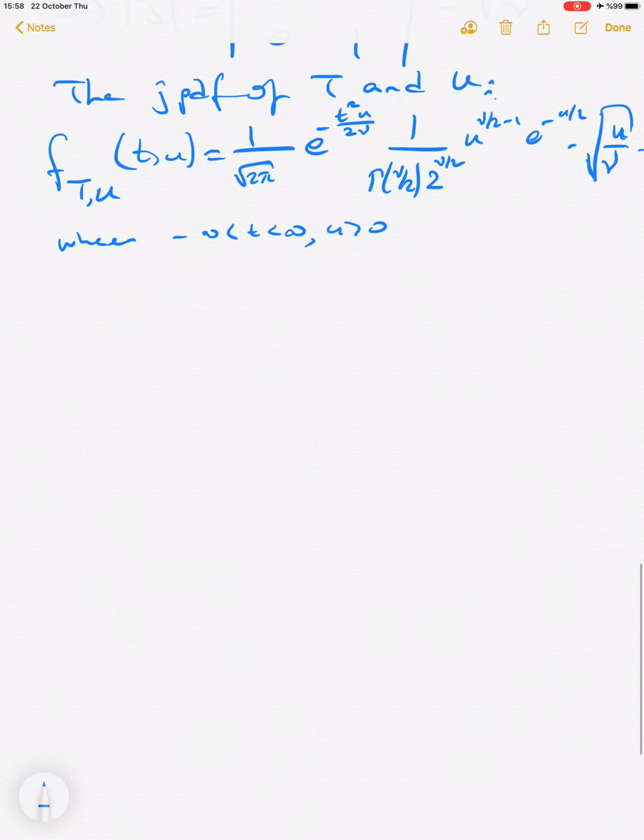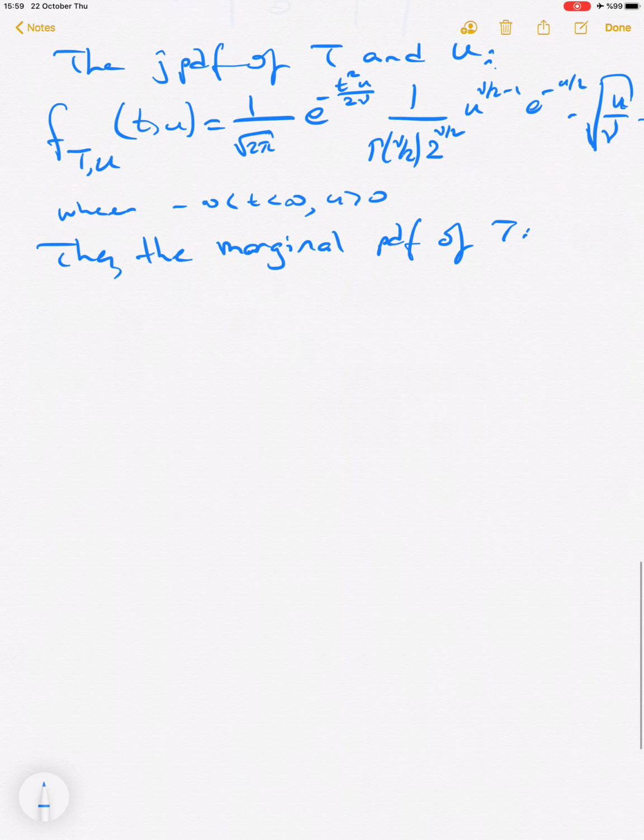Okay, so then we can find the marginal distribution. This is our aim actually. The marginal PDF of t is found from the joint PDF, so integrating the joint PDF over u and getting the result.